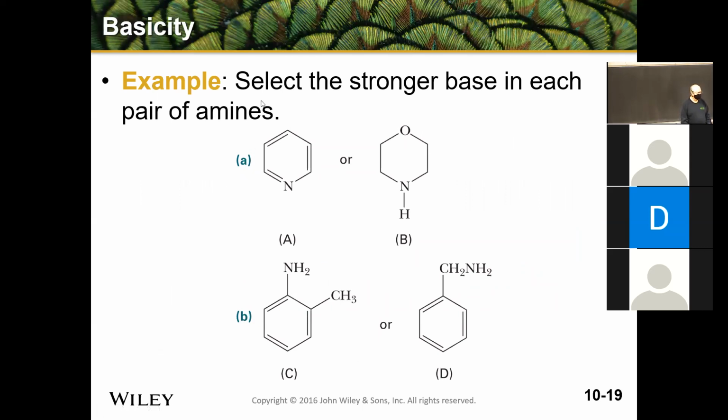Select the stronger base in each pair of amines. This one is called morpholine. It is the stronger base, and the reason here is not resonance, but it has to do with hybridization.